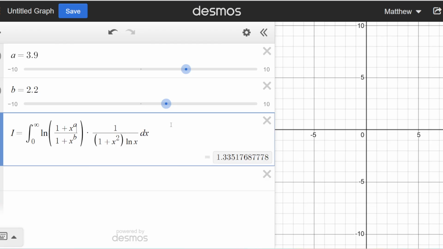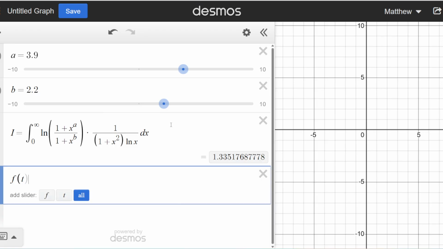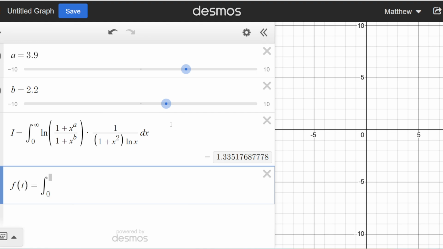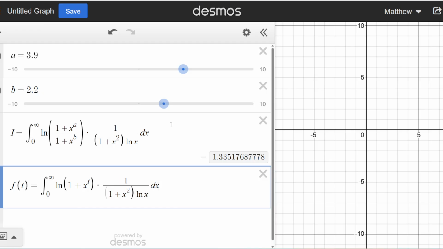I could just consider this a parameter of either A or B already, but I like using f of t. So we're going to say that f of t is equal to, let's just make it the integral from 0 to infinity of natural log of 1 plus x to the t times 1 over 1 plus x squared natural log x dx.